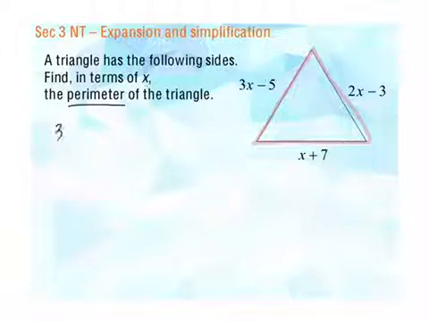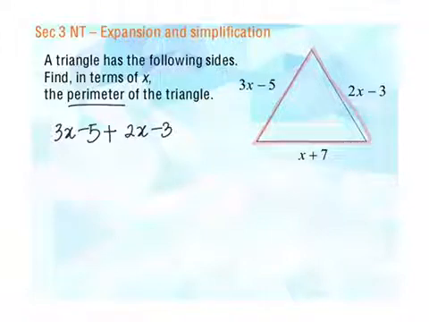It will be 3x - 5 plus 2x - 3 plus x + 7. Now let us look at all the like terms together.